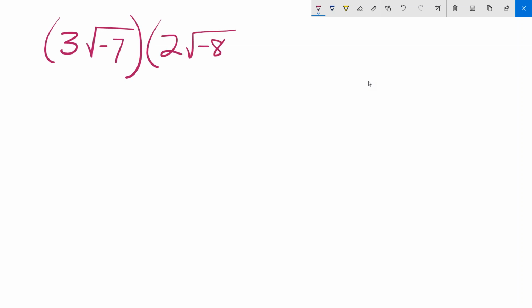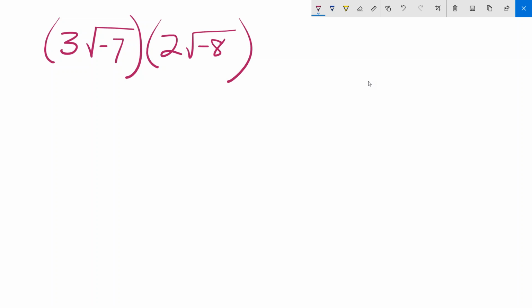Okay, the next one starts: parentheses 3 square root -7 and parentheses, and then another parenthesis 2 square root -8 and parentheses. Again, same problem.